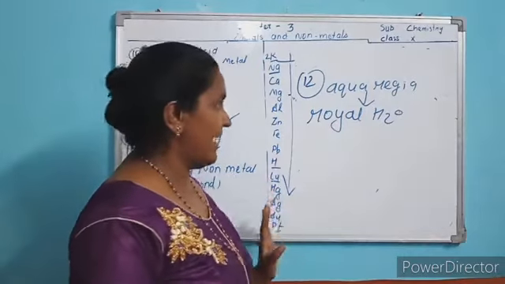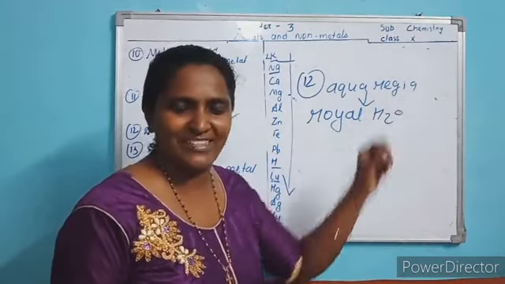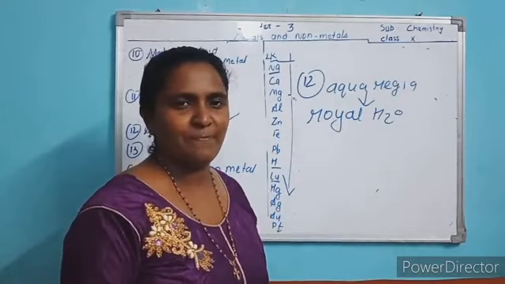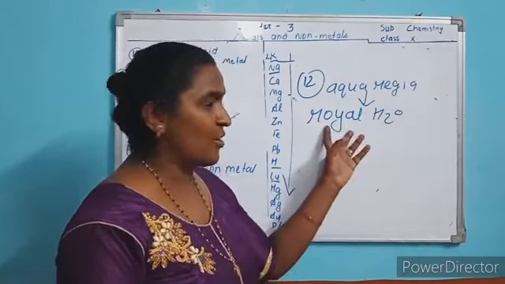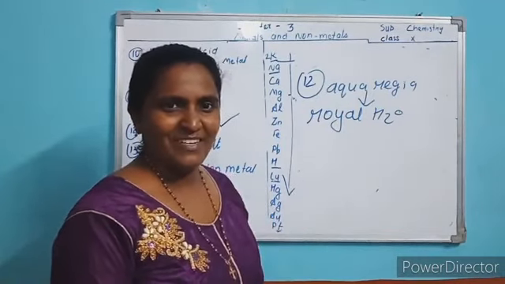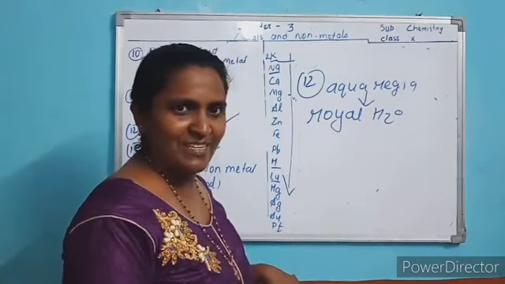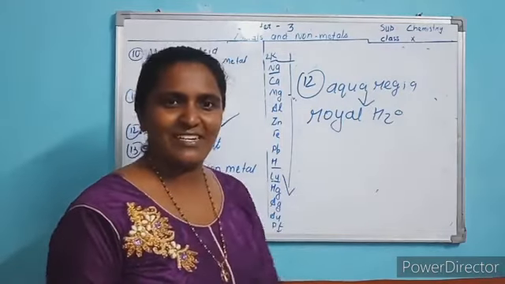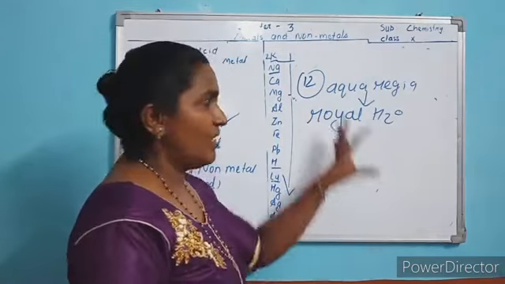Only they can dissolve in this solvent, aqua regia. That's why it is called royal water: nobody else can dissolve these metals, but this one can. What is aqua regia?